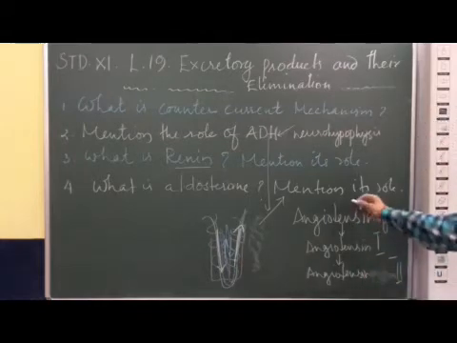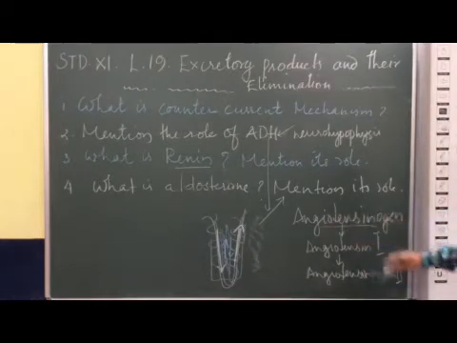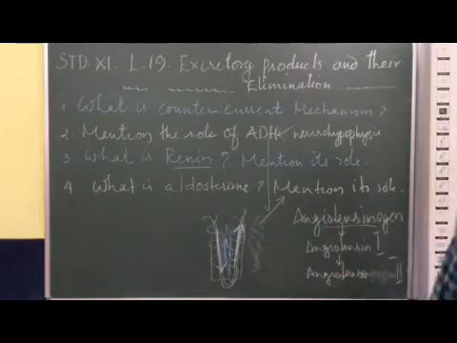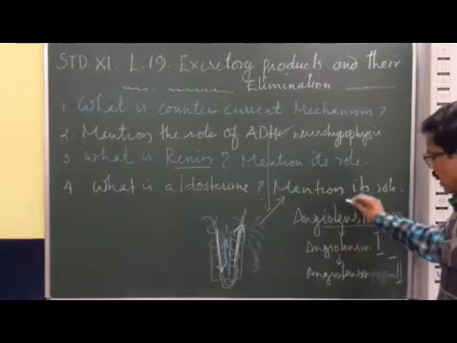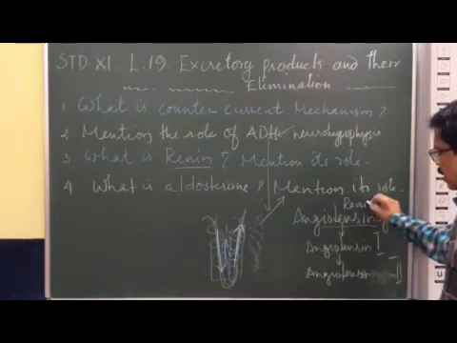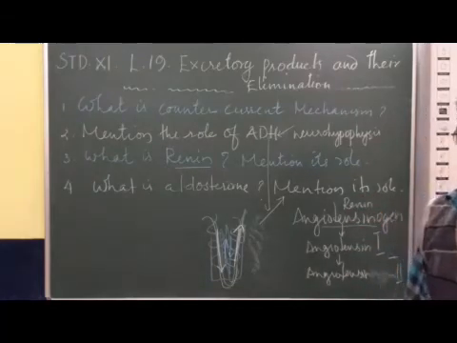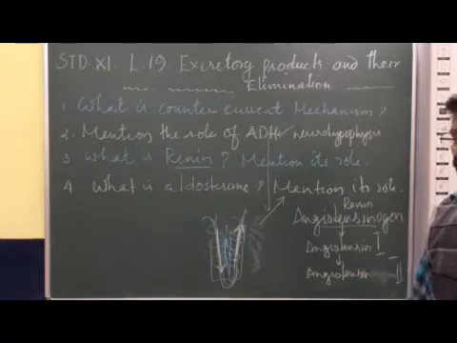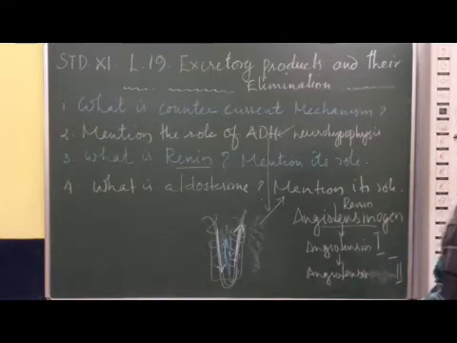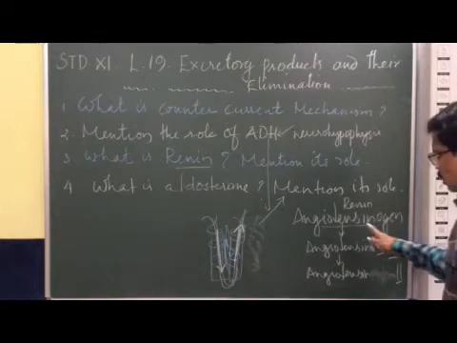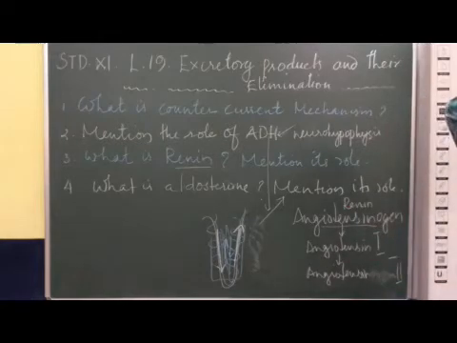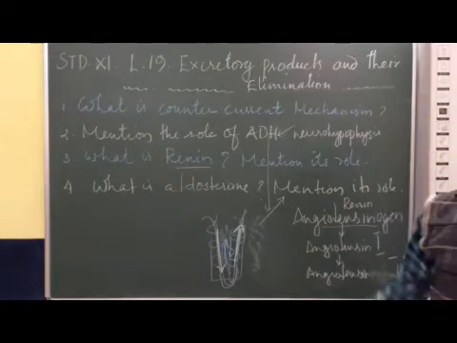So renin converts angiotensinogen, a protein, into angiotensin 1, then to angiotensin 2. Renin is secreted from the cells of the juxtaglomerular apparatus. What is the juxtaglomerular apparatus? You know it.